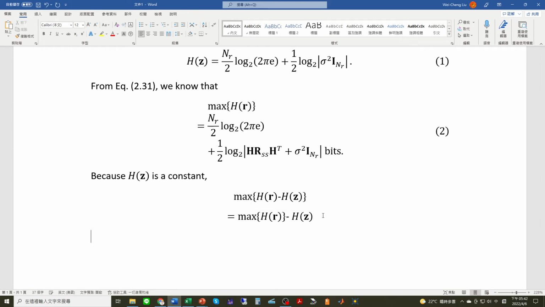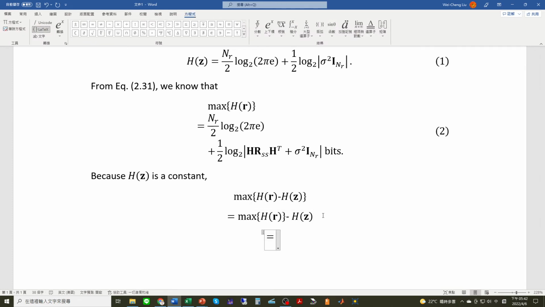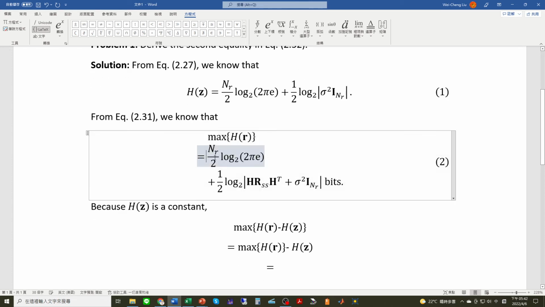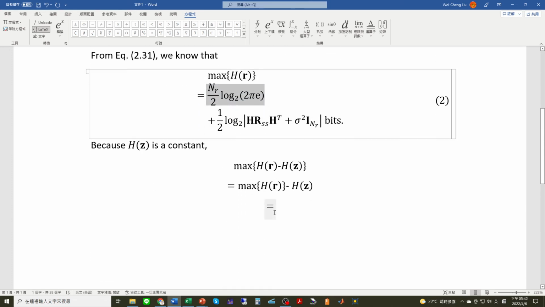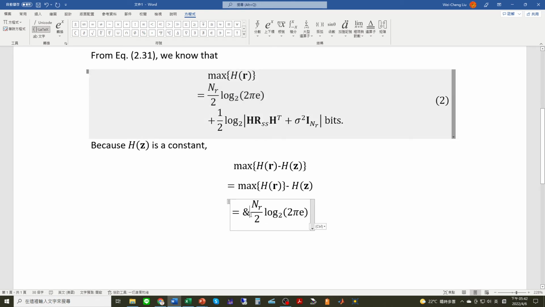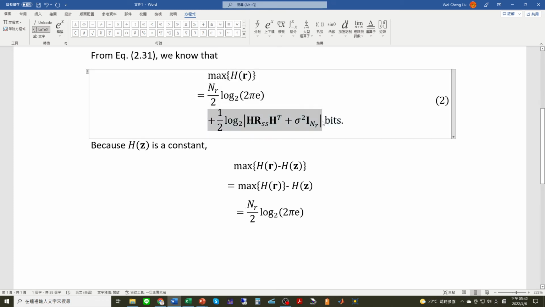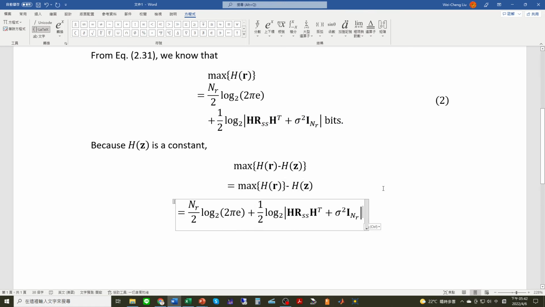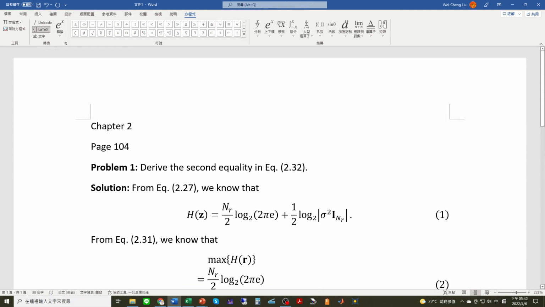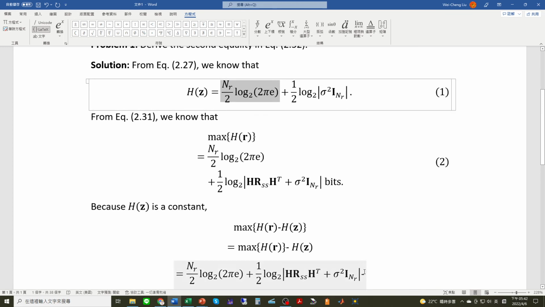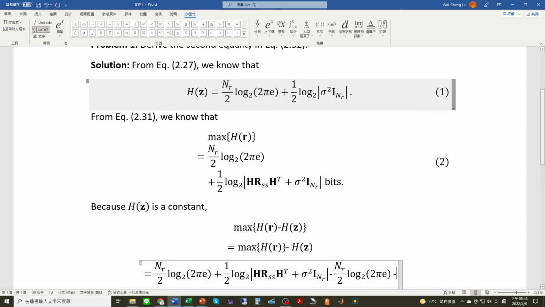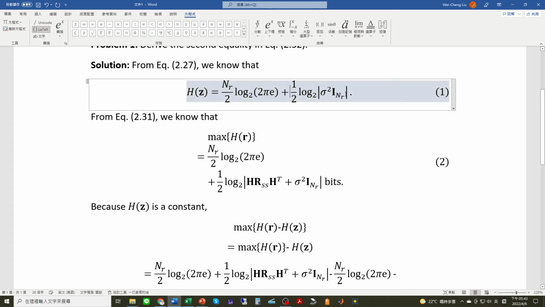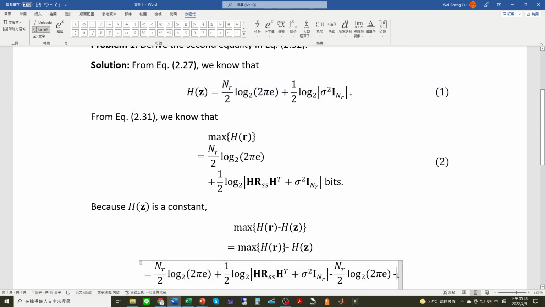And this is equal to, h of r is equal to this term plus this term, and minus this term and minus this term.